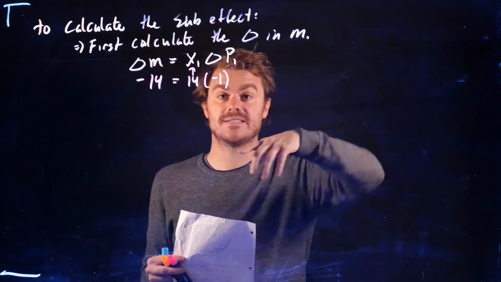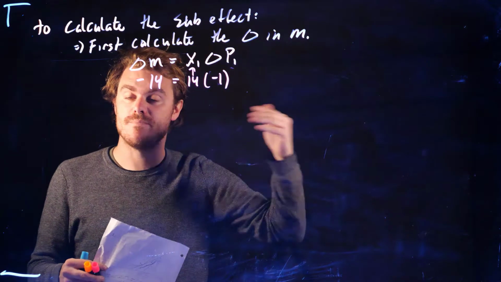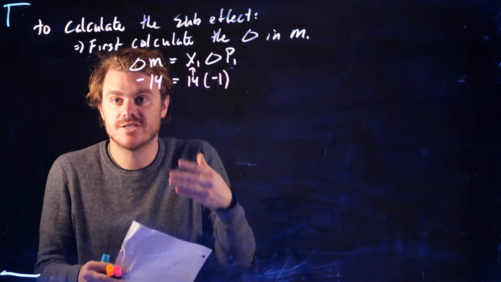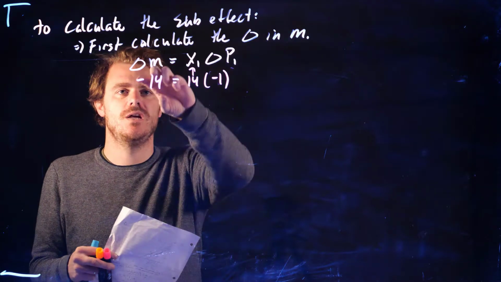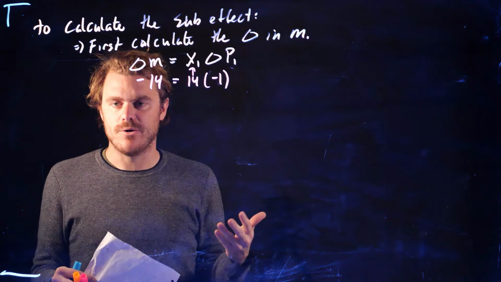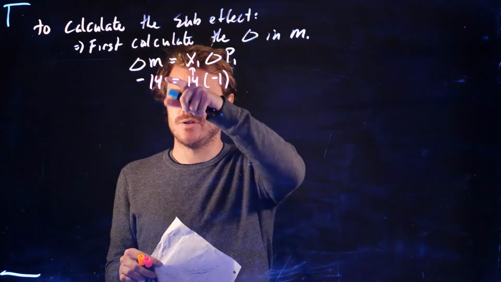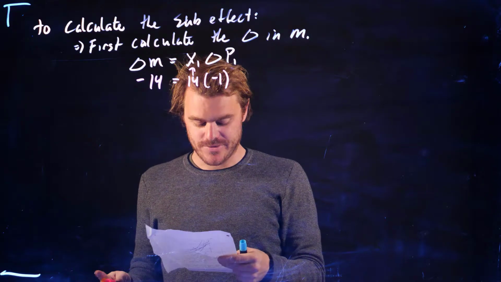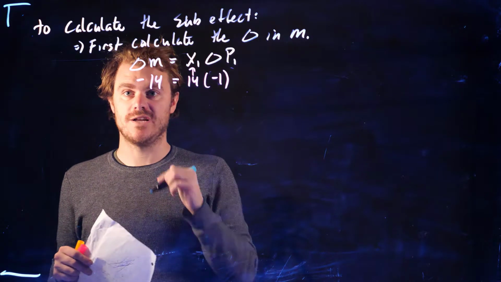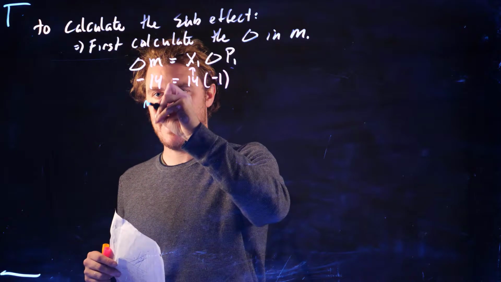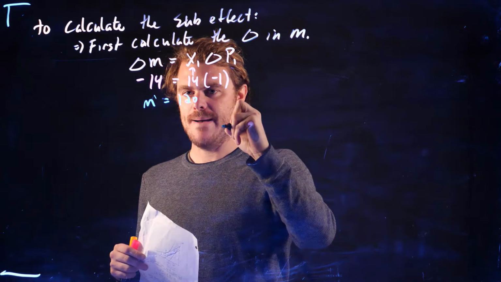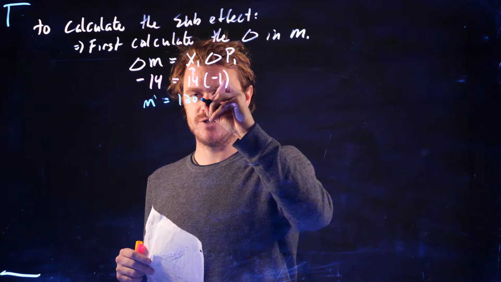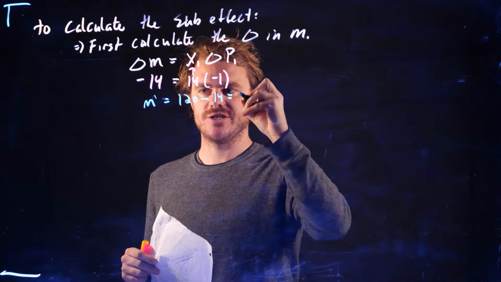And this makes sense. If the price is going down and we want to make that old bundle just affordable, so we want to keep purchasing power constant, then their income needs to go down. So now income needs to go down $14, which means M prime, as we've been saying, is M minus 14, which is 106.